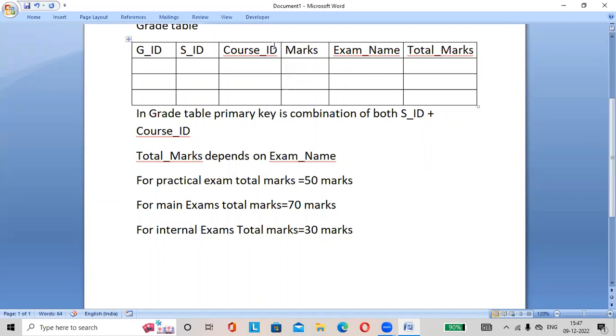All the columns in the table must depend on primary key. But here total marks depends on exam name, which is not a primary key. This problem is known as what? Transitive dependency. Is it clear, ma'am, what I meant to say? Yes, clear. Others?